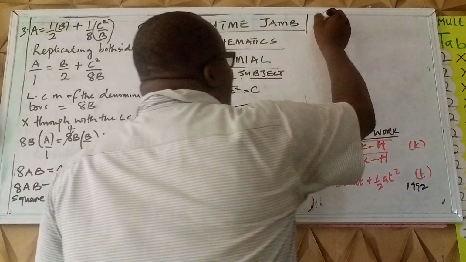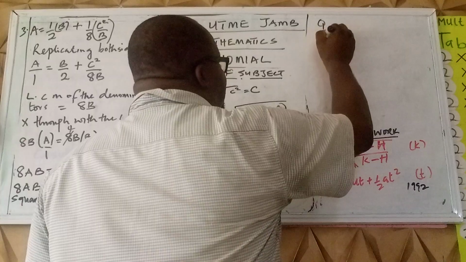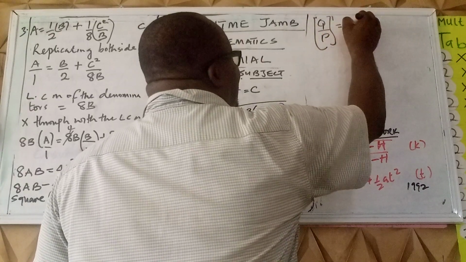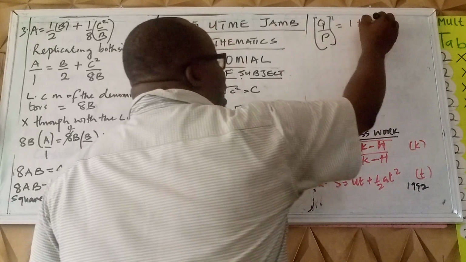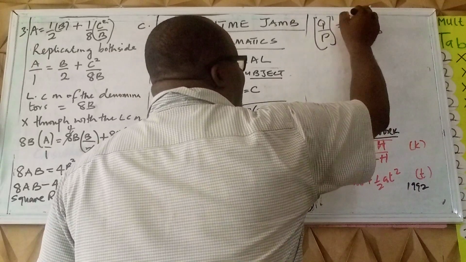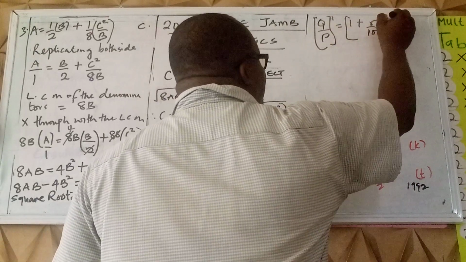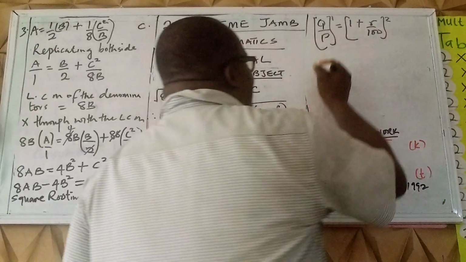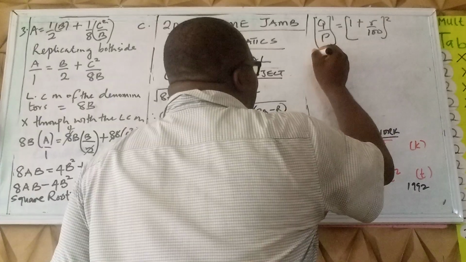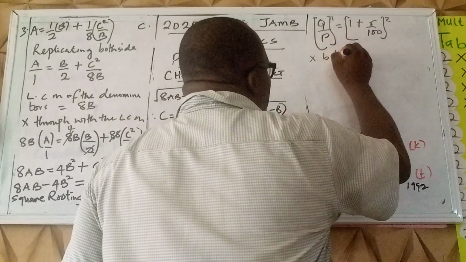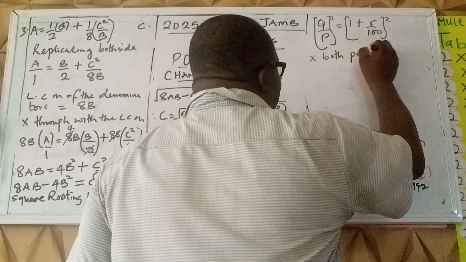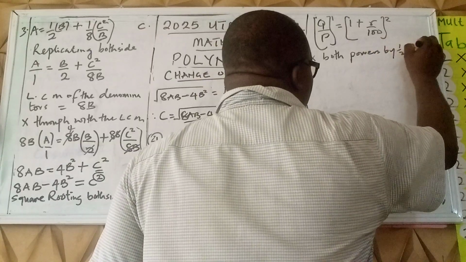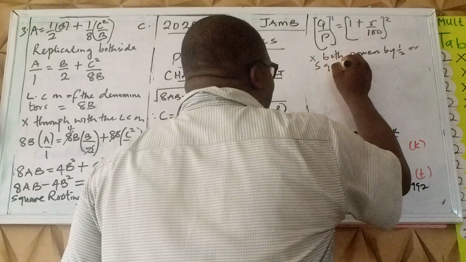Alright, so I can say my Q over P, everything raised to power 1, is equal to 1 plus R over 100, everything here raised to power 2. So multiply both powers by half, or square root both sides.